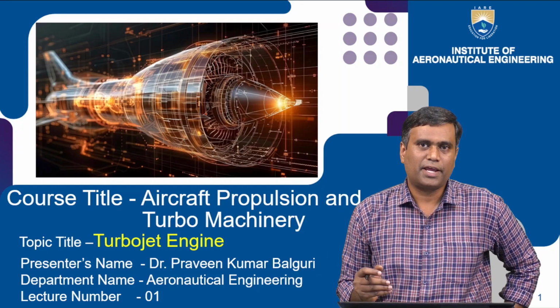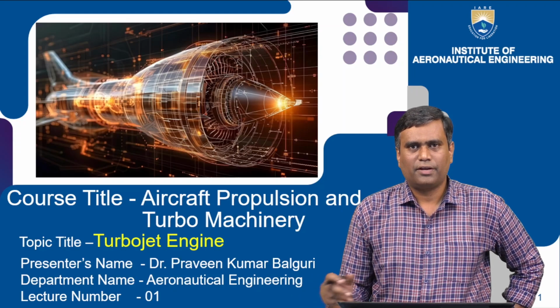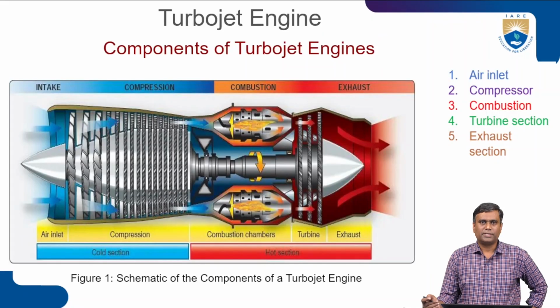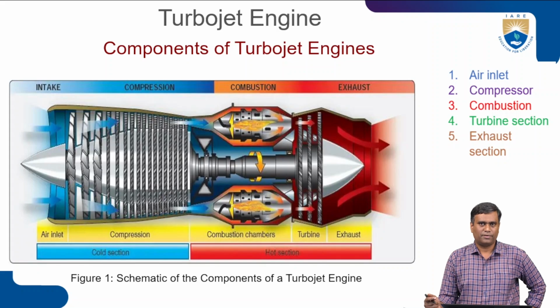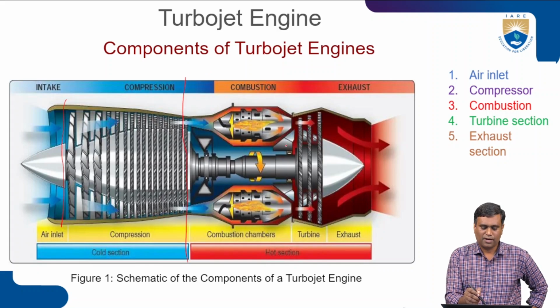And in this lecture, we describe the basic components of a turbojet engine and the working principle of a turbojet engine. These are the basic components of a turbojet engine, that is the inlet section, then compressors, and then combustors, and then turbines here, and then exhaust, that is nozzles.